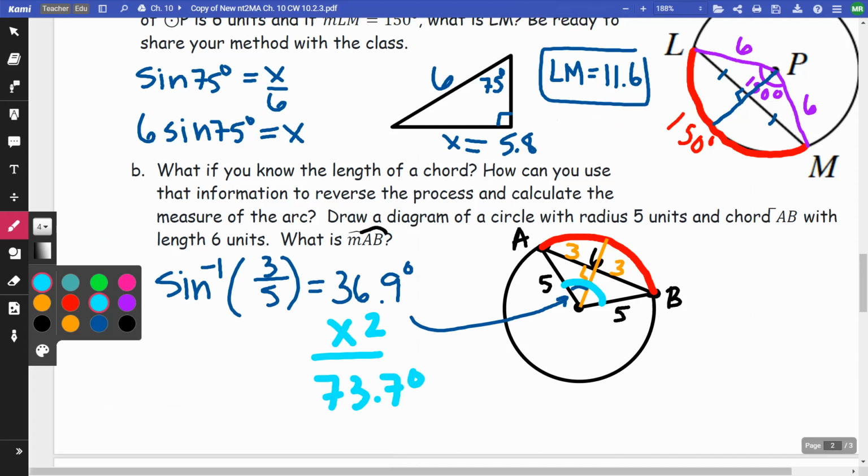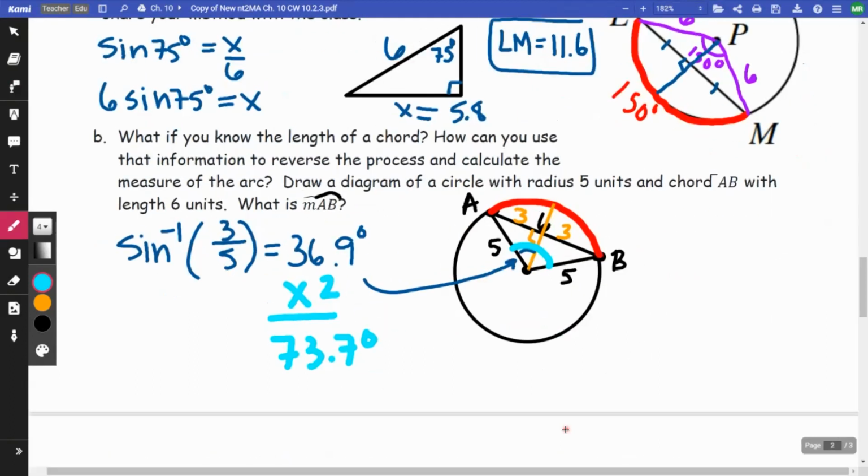Now that's the measure for the central angle, but that's also the measure of my arc. Whatever the measure of the central angle that forms that arc, that's also the arc measure. So measure of arc AB is 73.7 degrees.